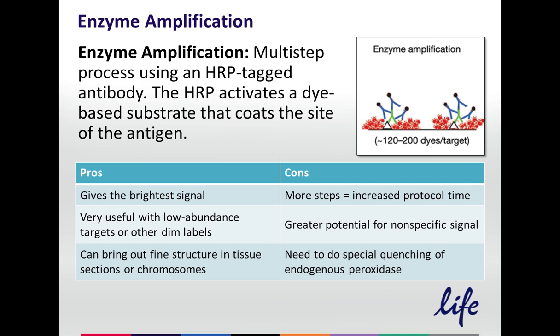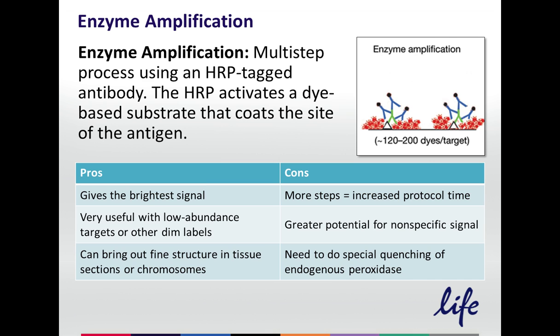The problems are, you have more steps now, so you have an increased protocol time compared to the previous methods. And with more steps comes a greater chance of nonspecific signal as well. With an HRP detection, now you have to be concerned about endogenous peroxidases in your sample, especially with tissue.